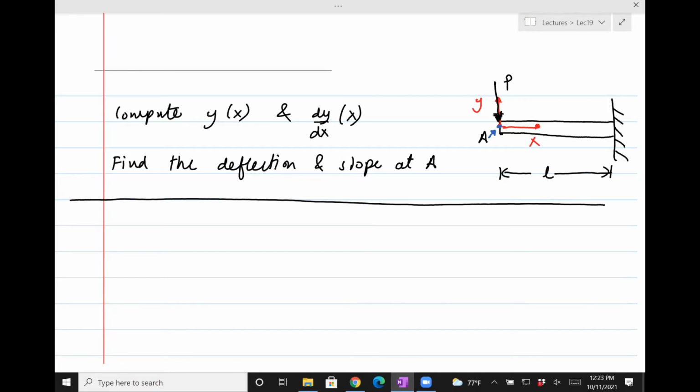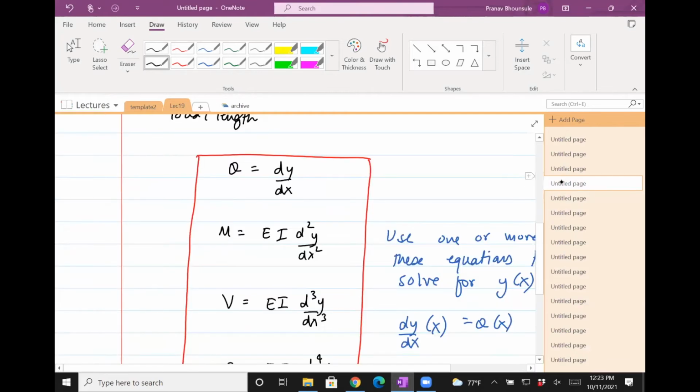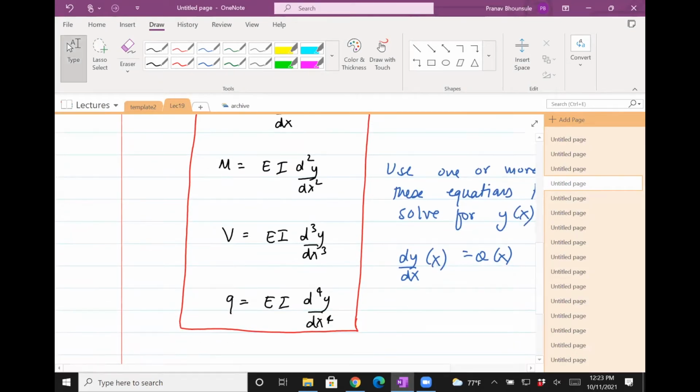So for a problem like this, you can start in a number of ways. You can take any one of these formulas, either this one or this one, right?